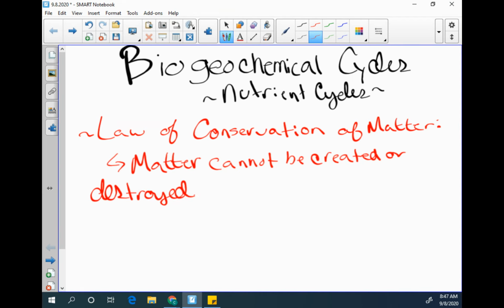Which means the amount of nitrogen that is on the earth now is the amount of nitrogen that was on the earth years and years ago, unless of course it entered in like an asteroid or something, but we're not going to get into that kind of stuff. Essentially, the amount of oxygen that is in our atmosphere is the amount of oxygen we've had since the beginning, and we can't destroy two oxygen atoms and make a bunch of hydrogen atoms out of the protons left over. It just doesn't work like that. Atoms cannot be created or destroyed.